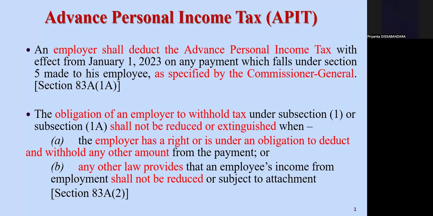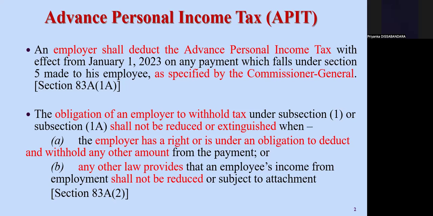That means prior to the change of the name to advanced personal income tax, the term we used was withholding tax on employment income. So the applicable provision was section 83.